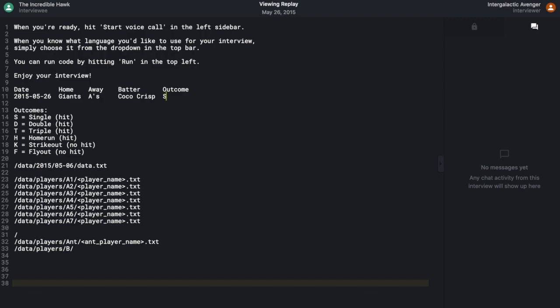So each computer, I guess we have data files like this, so each computer can grab a data file and look for all the instances of a player.